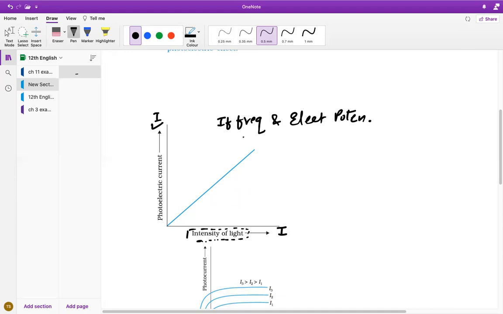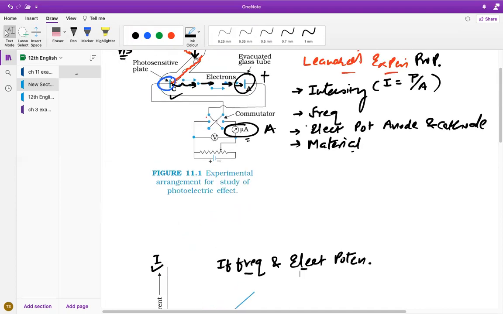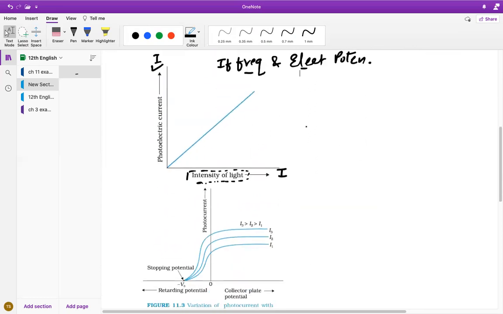If my frequency and electric potential, as mentioned before, are constant, then my graph follows the nature y equals mx, linearity.